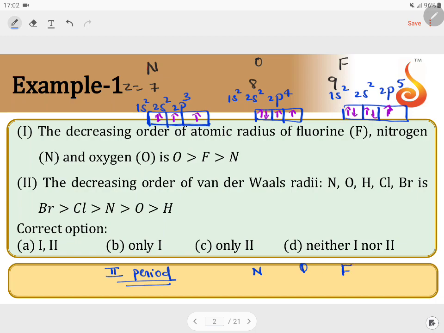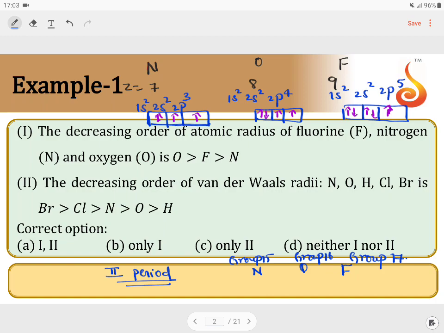We know that nitrogen belongs to group 15, this is group 16 and this is group 17. The second period element shows anomalous behavior. We have studied that it shows anomalous behavior. That means their properties are slightly different. Whatever the trend which we expect, it will deviate slightly from it.